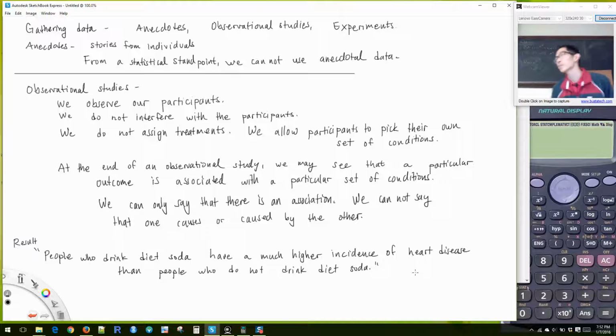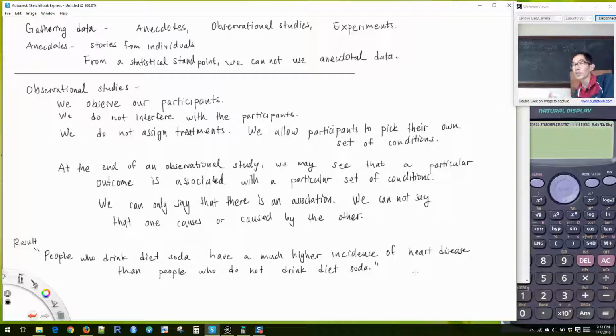Okay, because in general, those people who choose to drink diet soda, well, maybe I can't even say that. People who maybe have a higher risk of heart disease to begin with. So if we think of people who are overweight or obese, these people have a higher risk of heart disease. These people are also more likely to drink diet soda than non-diet soda.